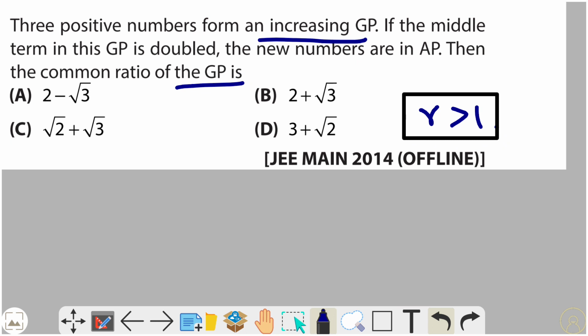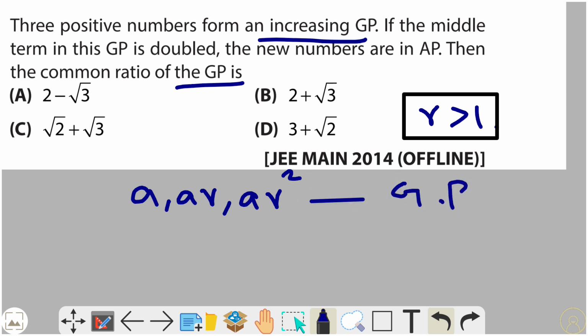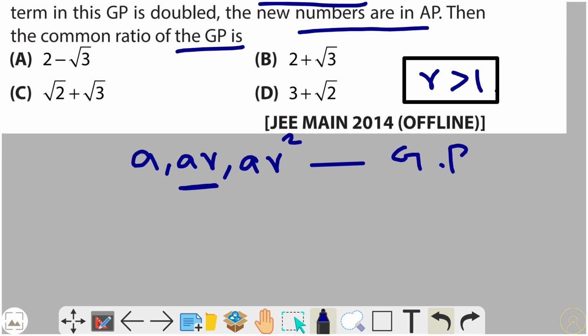We know the three terms of a GP are A, AR and AR square. If you double the middle term, the new numbers are in AP.